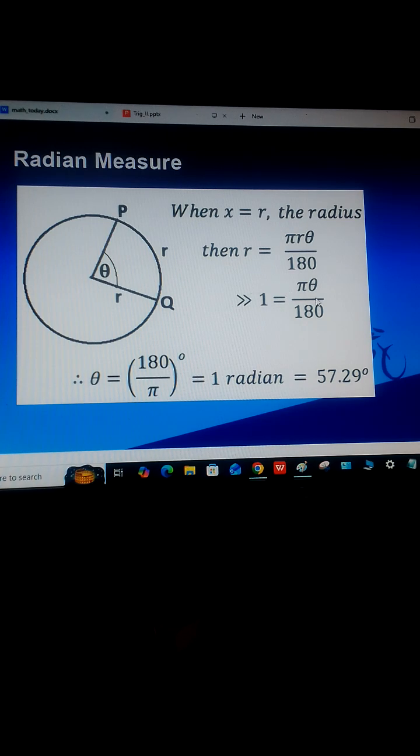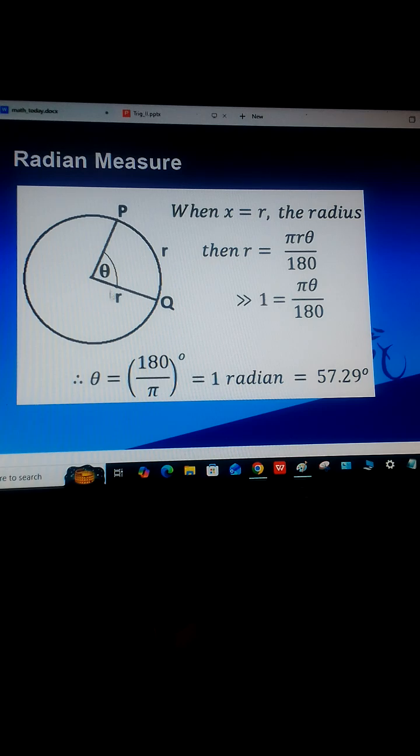So we can multiply both sides by 180 here. So 1 times 180 is equal to pi theta. So when you make theta the subject of the equation, we find that theta is equal to 180 divided by pi.